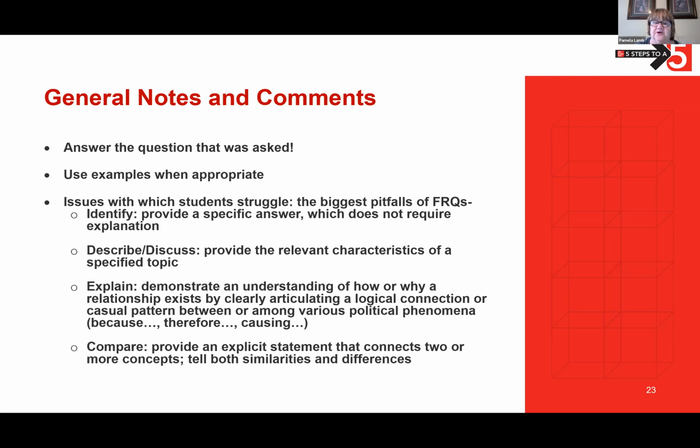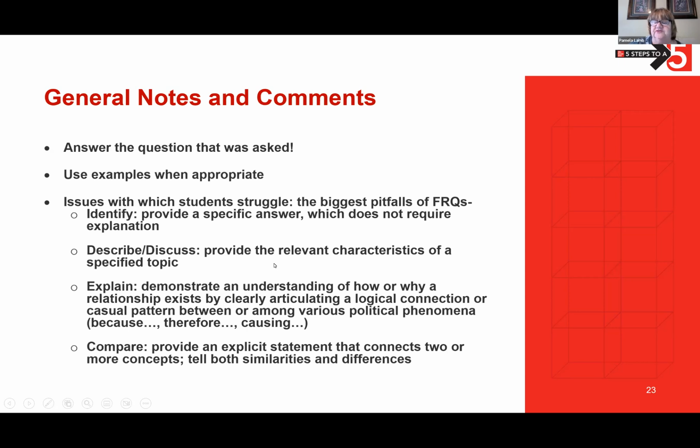And I always have told my students, when you're explaining something, identify it, tell us what it is, describe it, give me a little information about a characteristic of it, and then go that extra step and say it happens or it works this way because, and give that explanation of because.